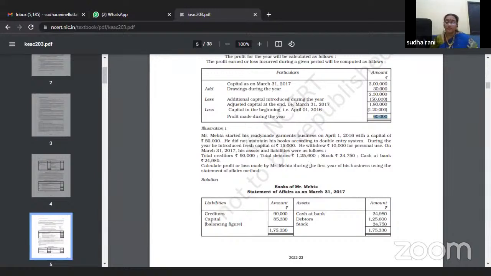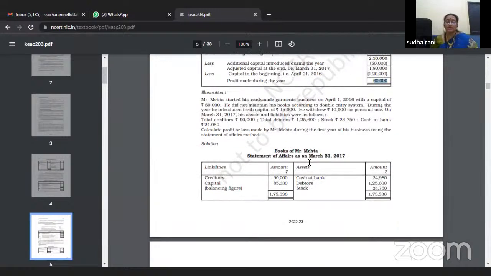But if you have to answer a 10 or 12 marks question, this is how it is going to be. See here, you have been provided with the capital at the beginning of the year, April 1st, 2016, and he has not maintained any accounting books. During the year, he introduced some further capital and withdrew 10,000 for personal use.